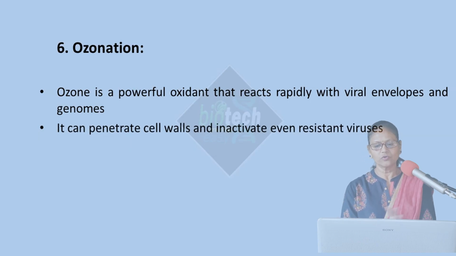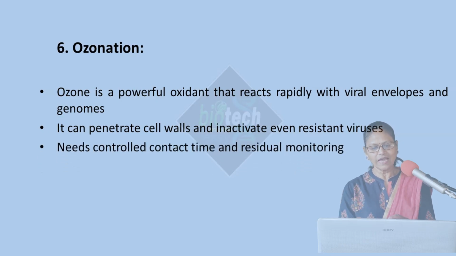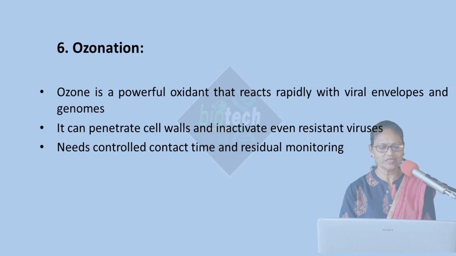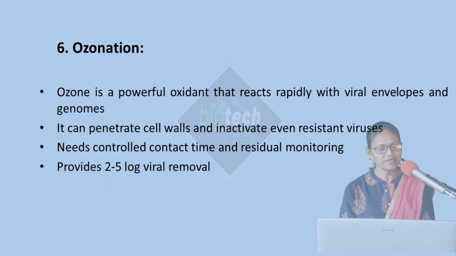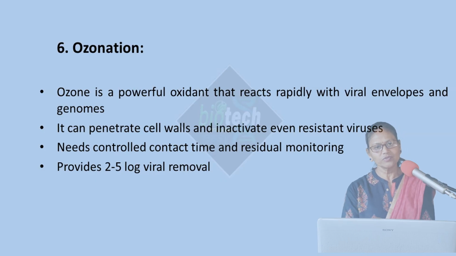So it is good for killing the resistant virus as well. It needs controlled contact time, it should be in contact for some time, and residual monitoring is also very important here. And it provides 2 to 5 log viral removal. So that means it is used in many of the log levels.